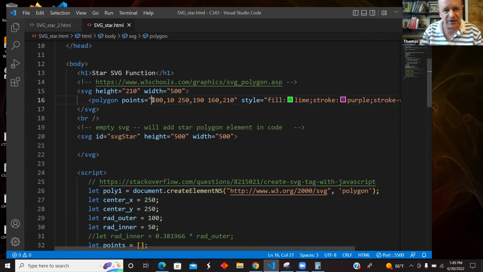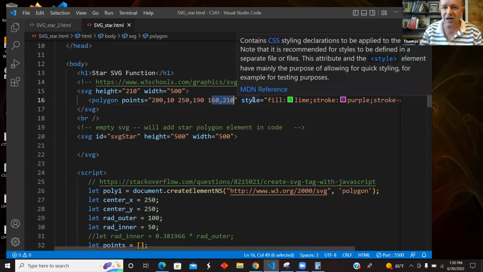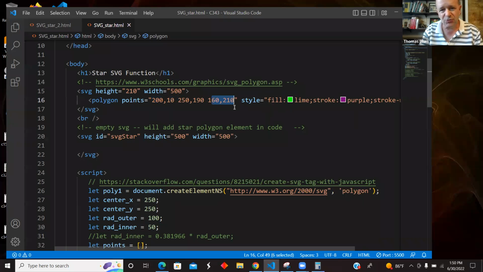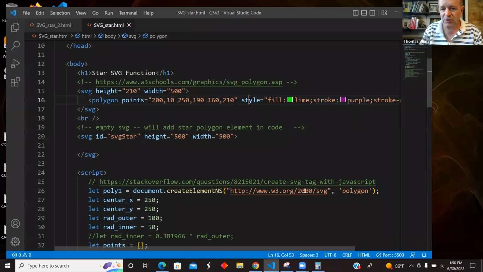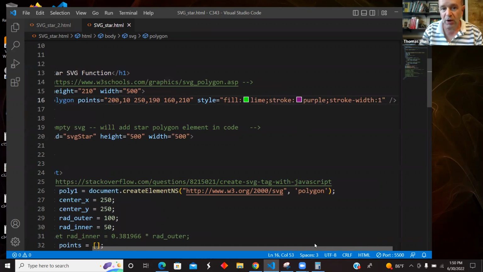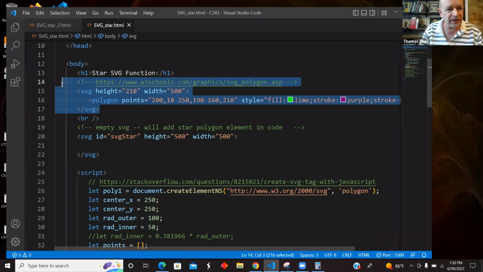That is what is in their demo: here is an XY, another XY, another XY. And then they use the style. I'm going to do these things individually, but they put them all in the style. They set a fill of lime, a stroke of purple, and a stroke width of 1. So that was their example.